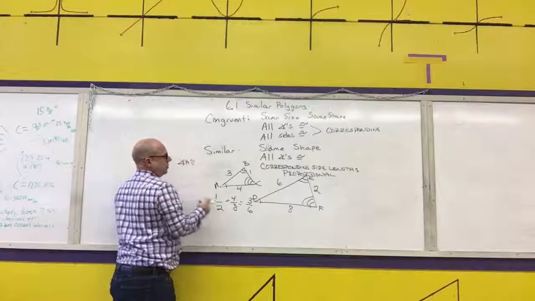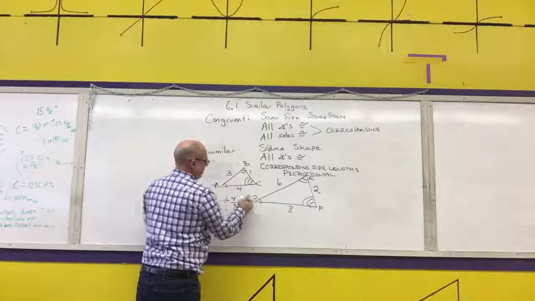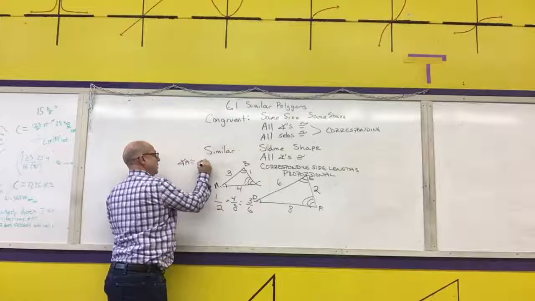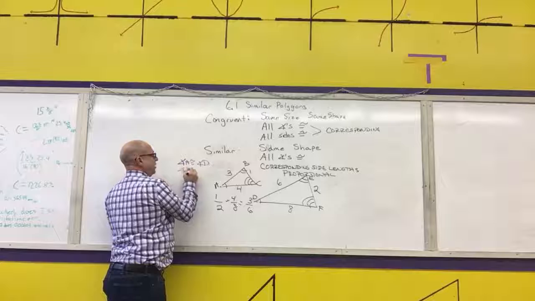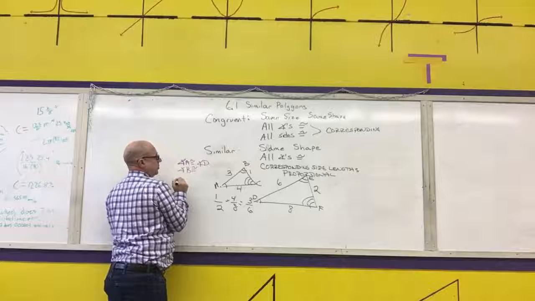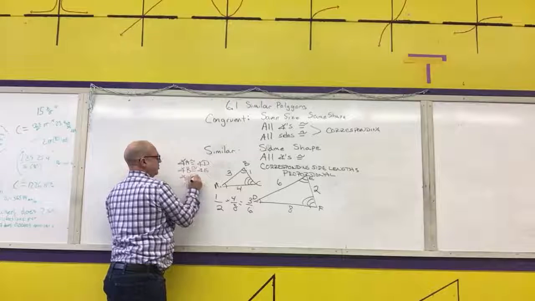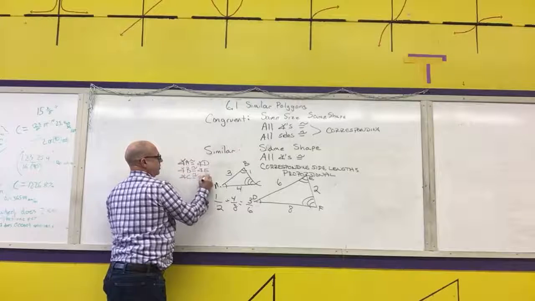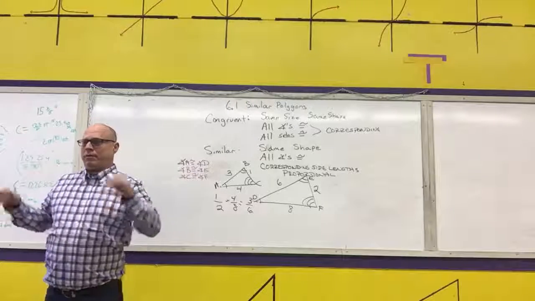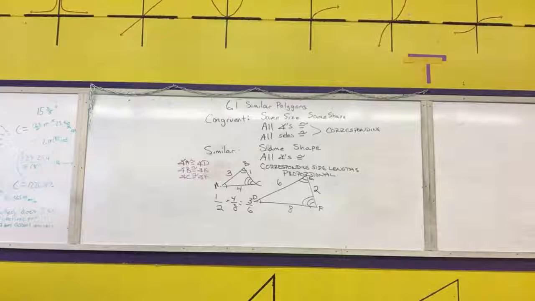Angle D. Angle B is congruent to which angle? And angle C is congruent to which angle? Okay. So that's how you write your congruent statements for angles.